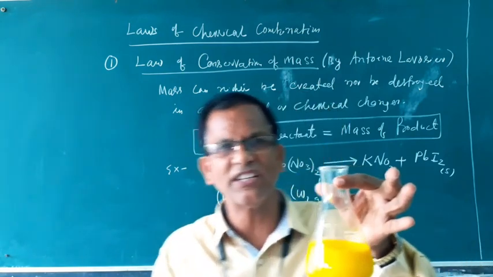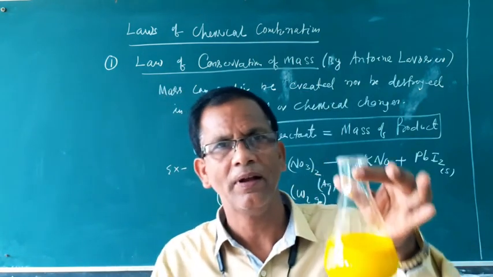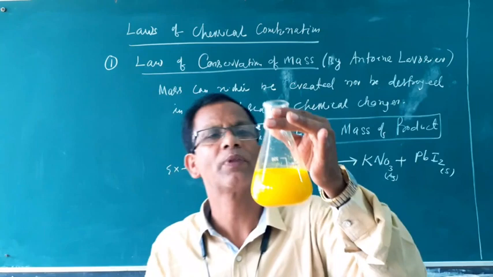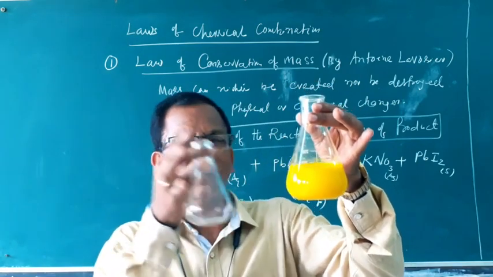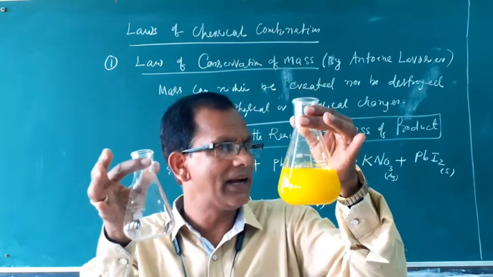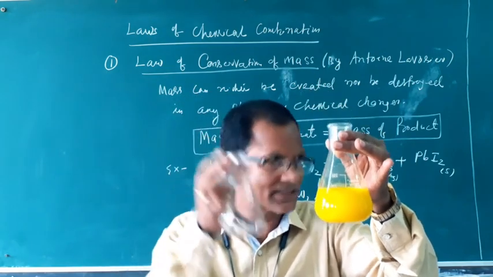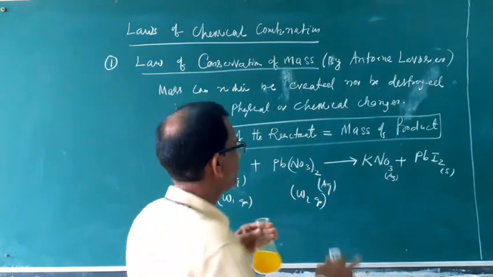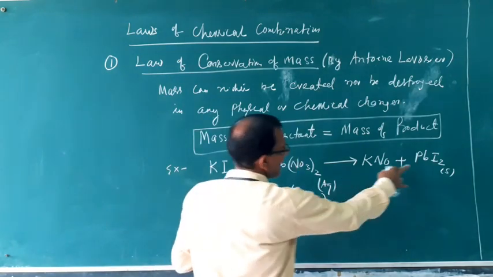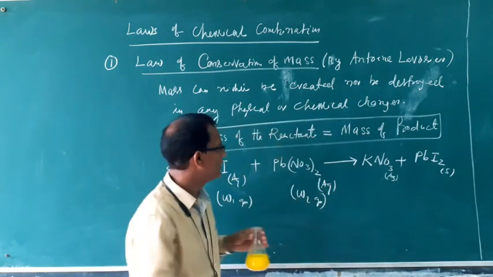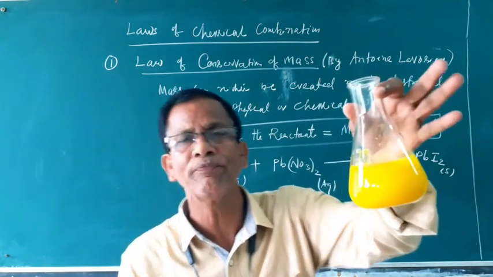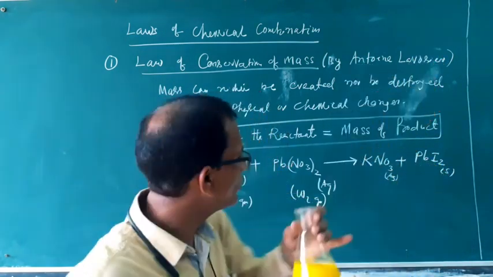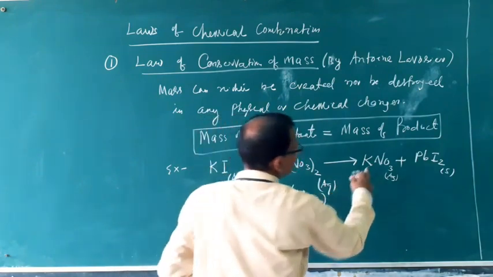the observation is a chemical change, because potassium iodide and lead nitrate react forming potassium nitrate and PbI2. Here both are aqueous. The resulting solution contains water and potassium nitrate.